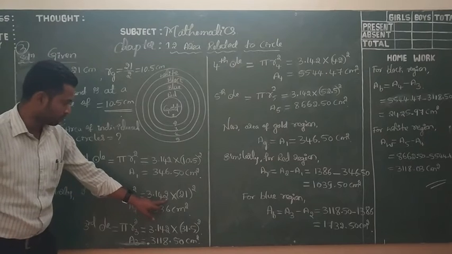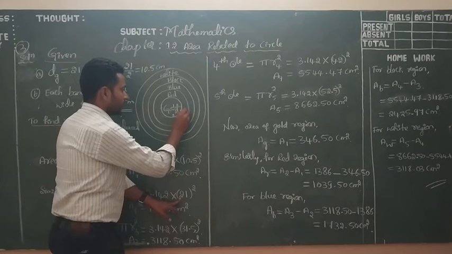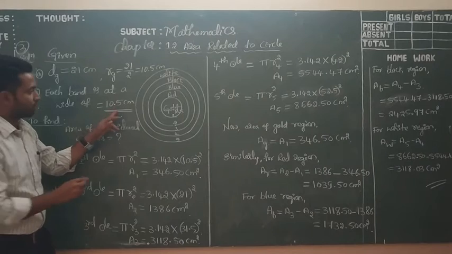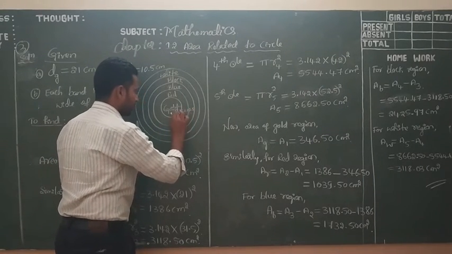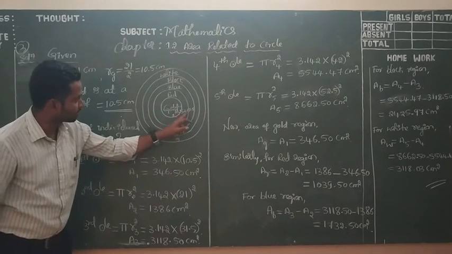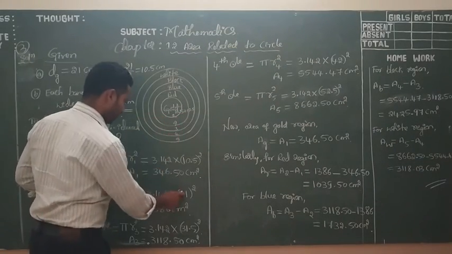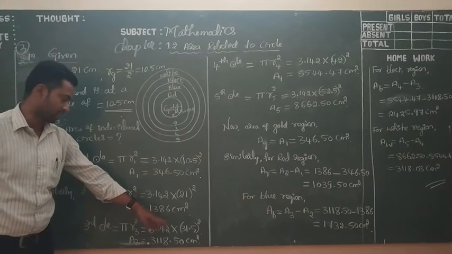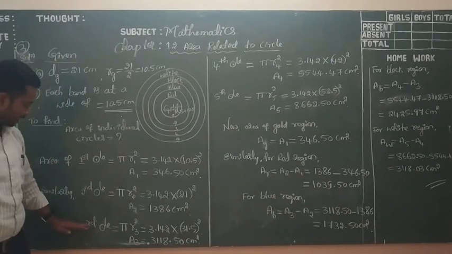Pi is 3.142, and the radius of the gold circle is 10.5. Each band has a width of 10.5 centimeter, so you add 10.5 centimeter to get the radius of the second circle. 10.5 plus 10.5 is 21, so the radius of the second circle is 21 centimeter. The area of the second circle is 1386 centimeter square.